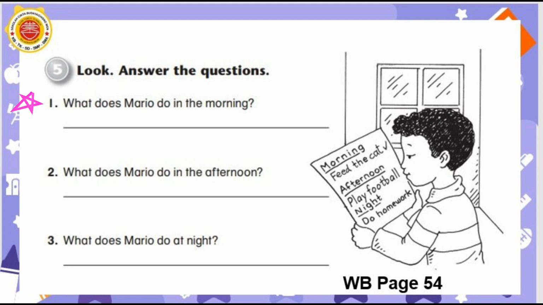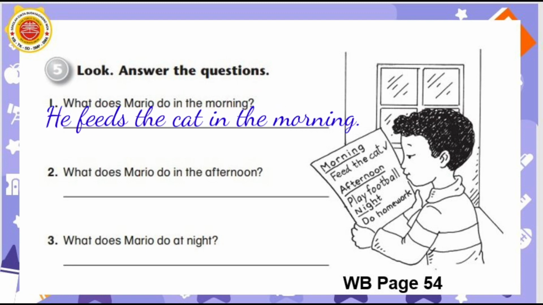Now look at Mario's schedule. In the morning, feed the cat. Nah, cara menjawabnya sebagai berikut. Mario adalah anak laki-laki dan kita ubah menjadi he ke dalam bentuk subject pronoun. Nah, he kita letakkan posisinya di awal kalimat karena he merupakan subjek dalam kalimat tersebut.